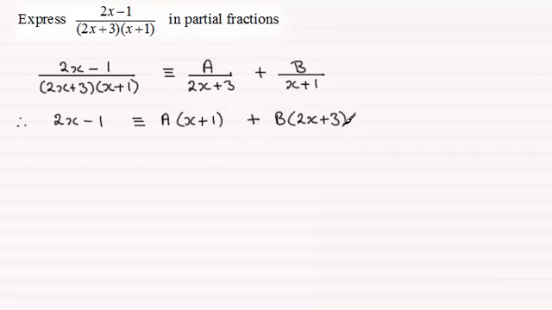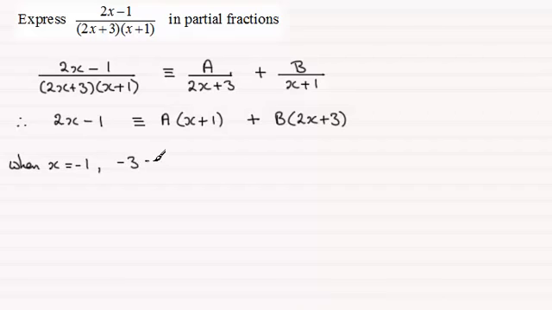And now we need to make each of these terms individually 0, and we can choose, say for this bracket to make it 0, we can choose x to be minus 1. So that'd be a good place to start. So we say that when x equals minus 1, on the left here we're going to have 2 times minus 1, which is minus 2, minus another one is going to be minus 3.